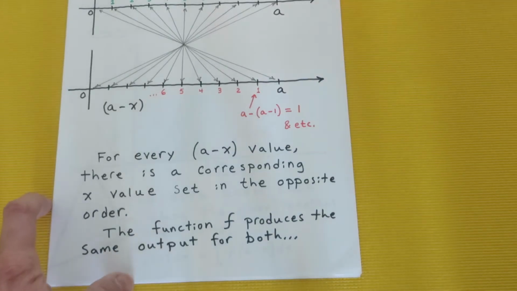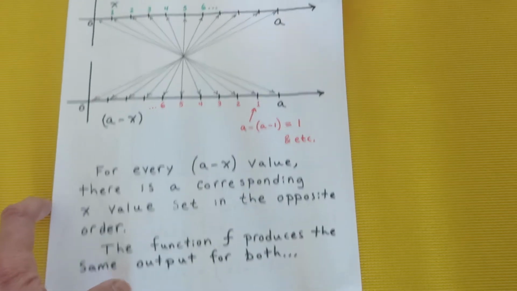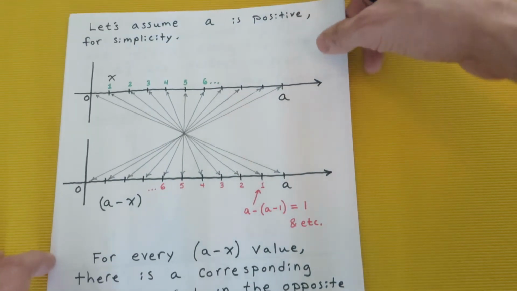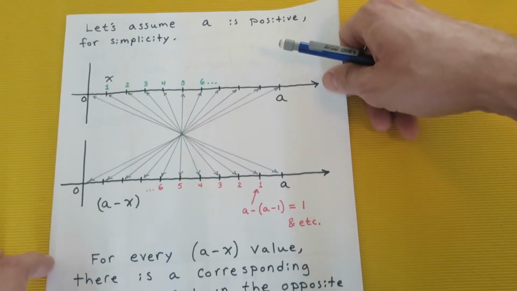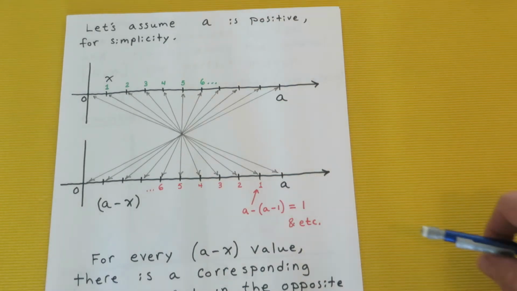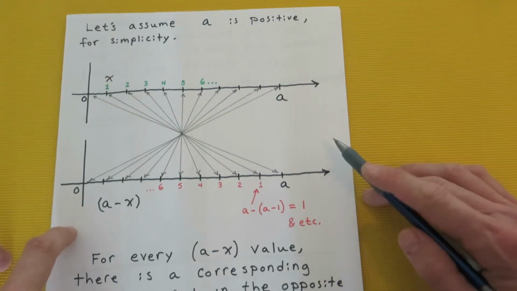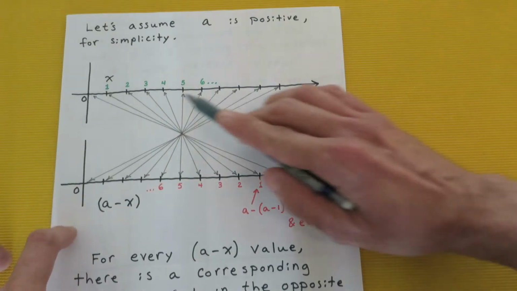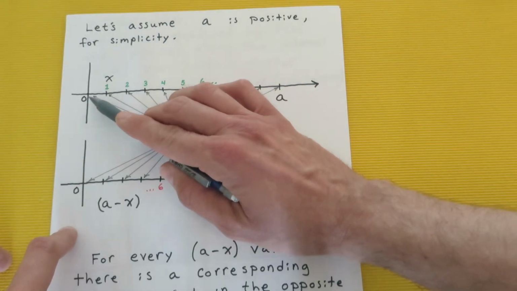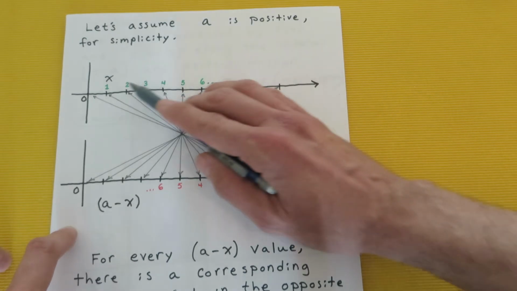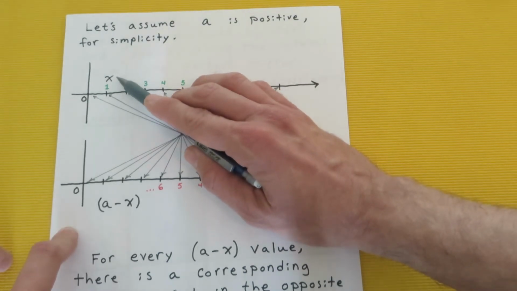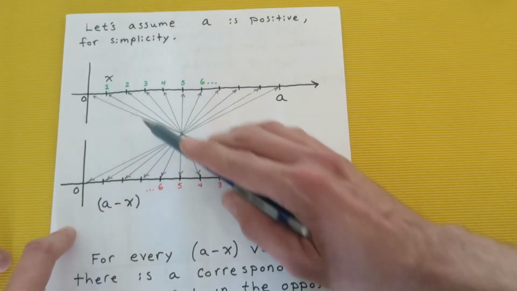So the argument works out the same for both cases, but let's just keep it simple here and just assume that a is only positive. Again, we have two number lines. Here we have from 0 to a, and this number line represents all of our x values, our x inputs.